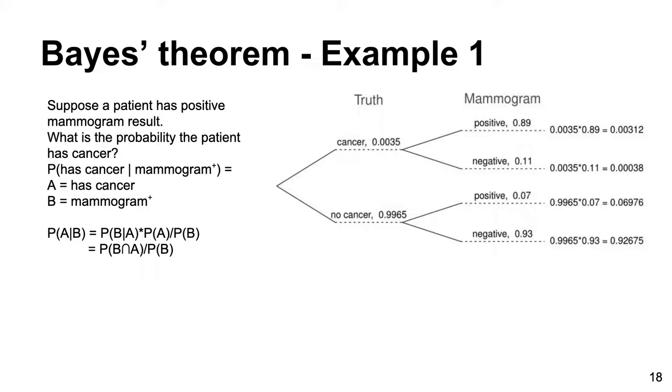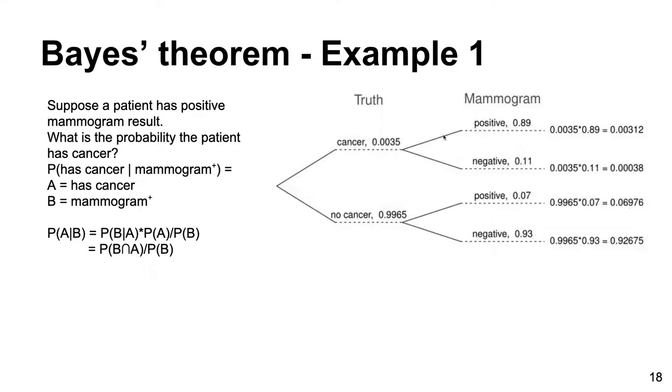So we are in this world. Suppose the patient has a positive mammogram. That means I'm in this stem right here or that stem right there. That's the only two places I can be. And I want to find, of the people that are on this stem and on that stem, what is the probability that they have cancer?